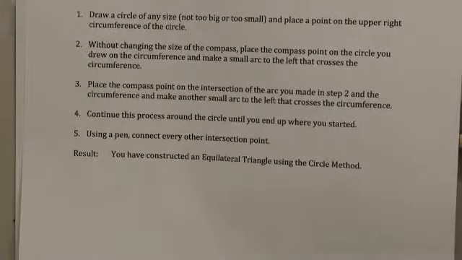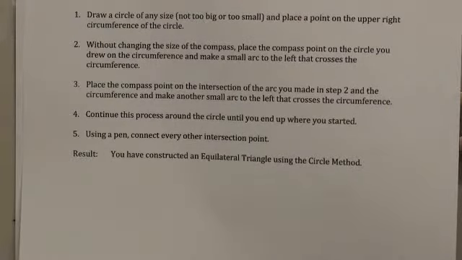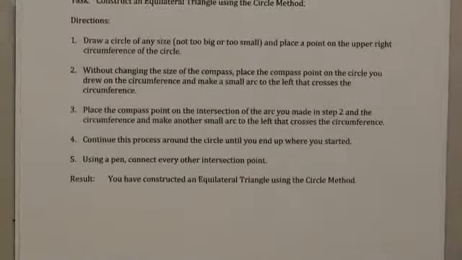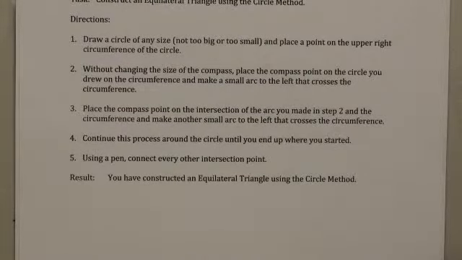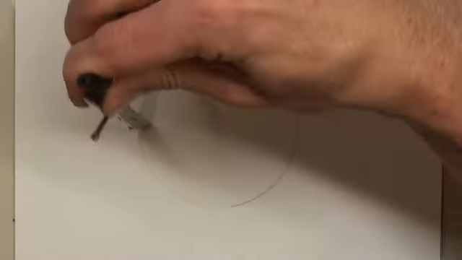Alright? Because step 2 says, without changing the size of the compass, place the compass point on the circle you drew on the circumference and make a small arc to the left that crosses the circumference. So I put my point on that circle and I make a small arc to the left that crosses the circumference. The next step, place the compass point on the intersection of the arc you made in step 2 and the circumference and make another small arc to the left that crosses the circumference. So I place it on that intersection point and I make another small arc.